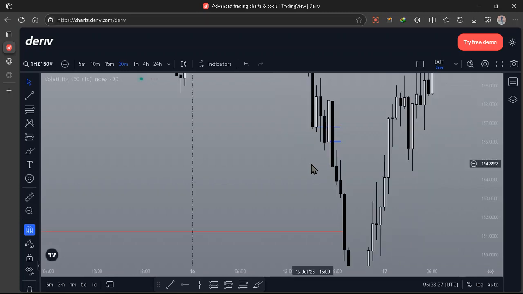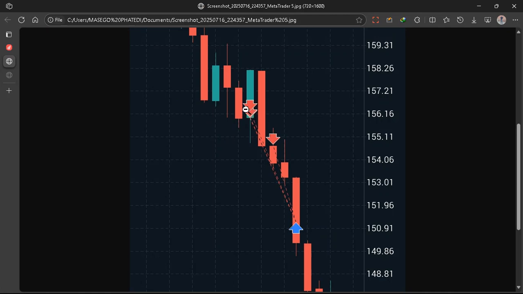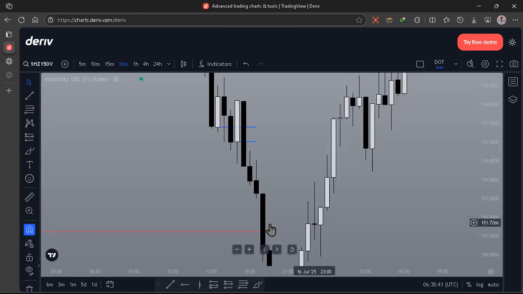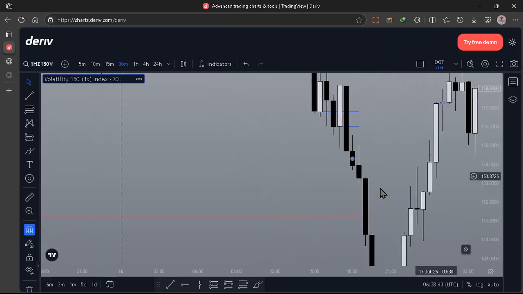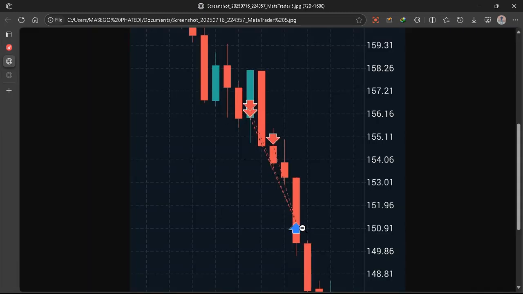M30, close through that, come back into that, and I'm engaging right there. That's why I said my fill wasn't really on the open of this candle. It was somewhere deeper than that. Hence why I took my 1:2 somewhere around this candlestick, right here, on this one. So my entry, took everything off.